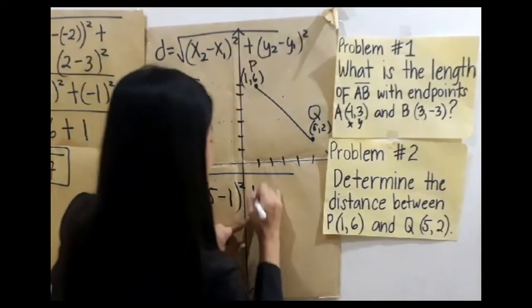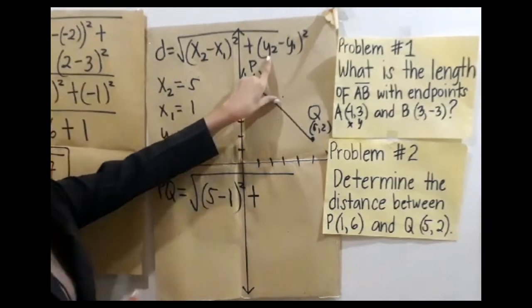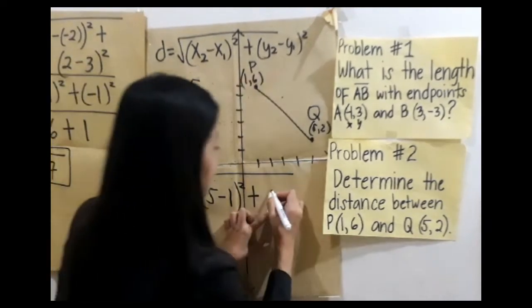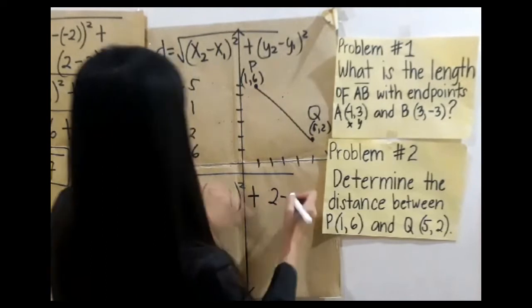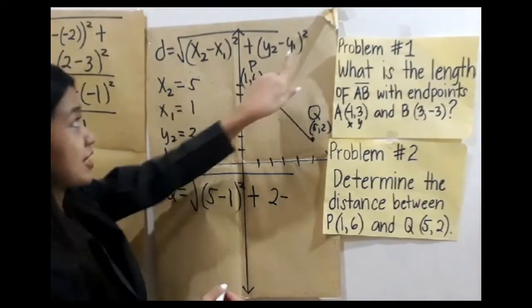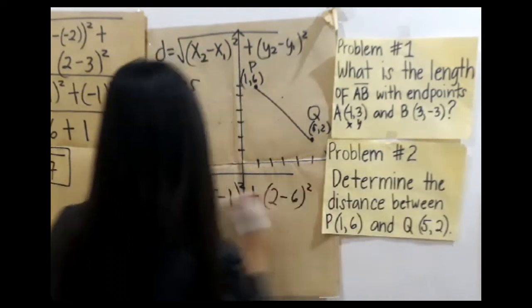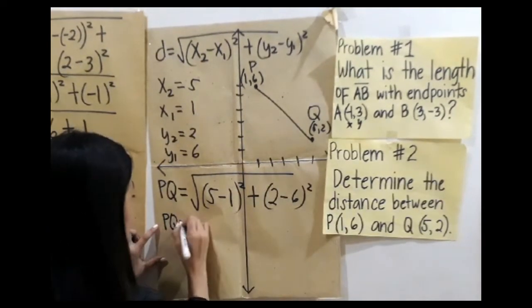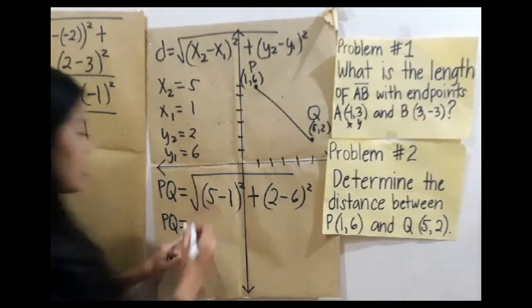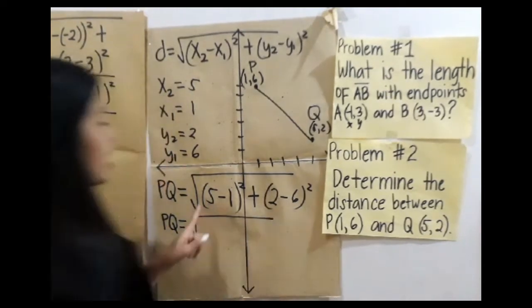Copy the sign. Our y sub 2 is positive 2, copy, and our y sub 1 is positive 6 squared. Let's proceed. So, copy the radical sign.